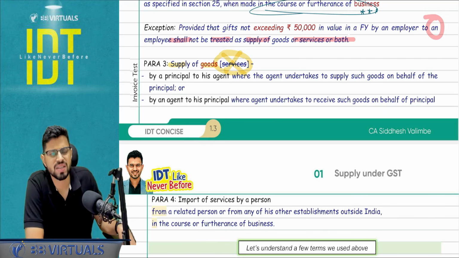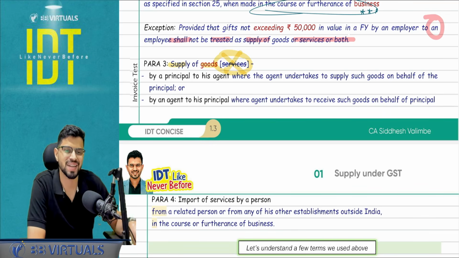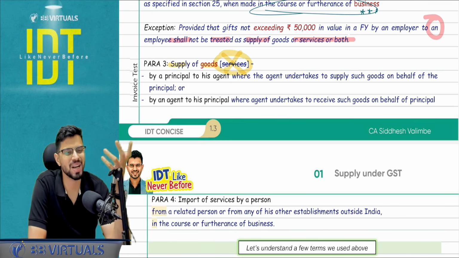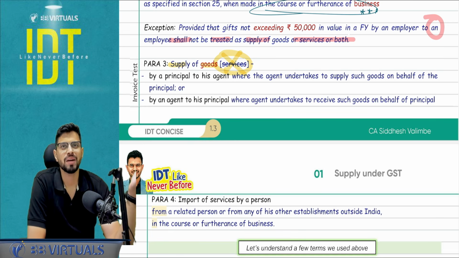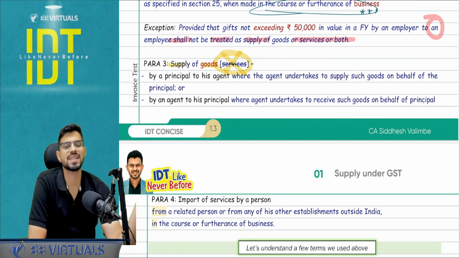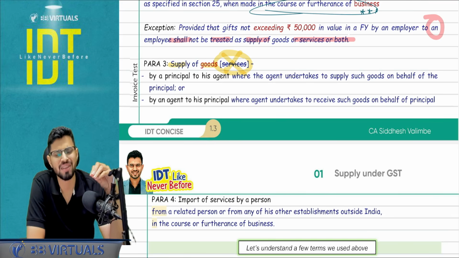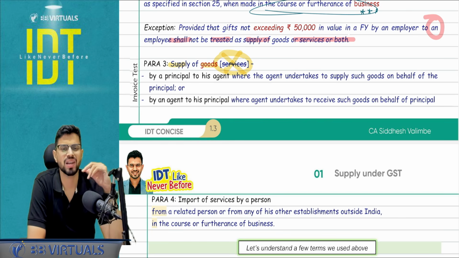Sir, why not services? See, services are of intangible nature. Services is not something that I will be giving my agent that take these services and sell it further. So generally in case of services, agent won't be storing the services and selling it further. So generally in the services manner, the invoice will be issued in my name only.